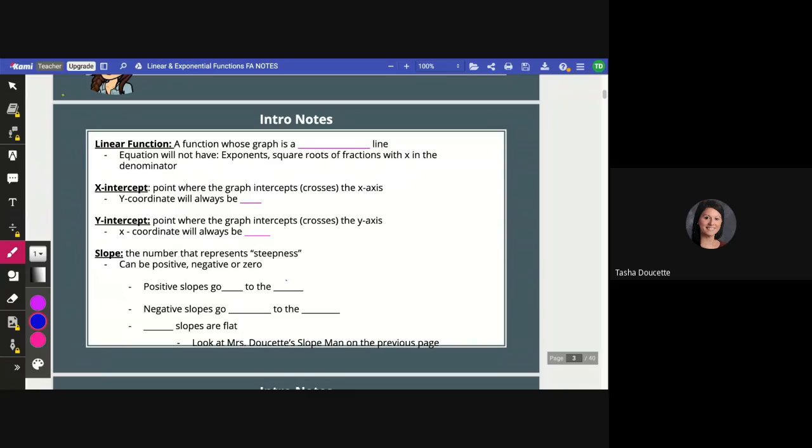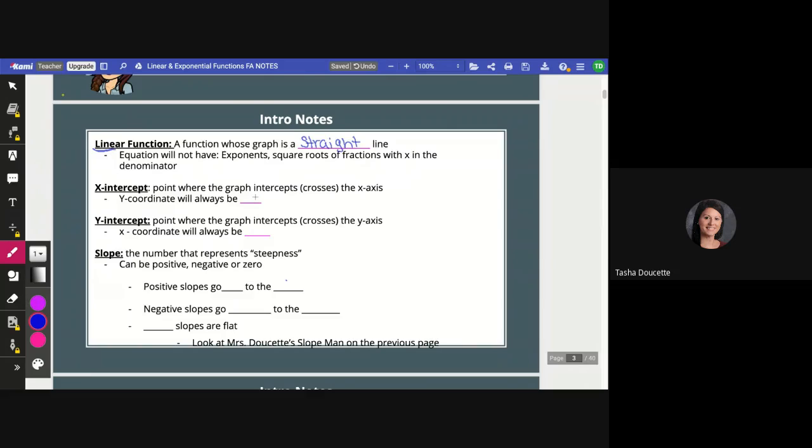So the first term is linear function. A linear function is a function whose graph is a straight line. Think of the word line, that the word line is right in the word linear.